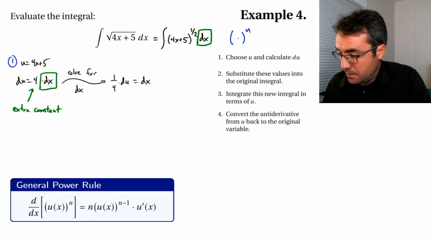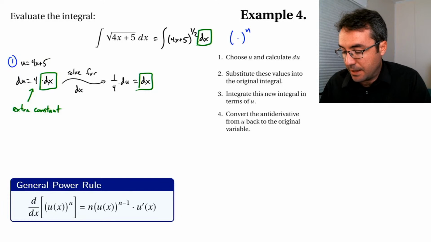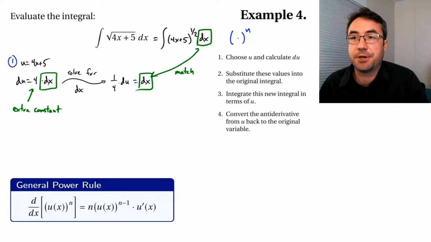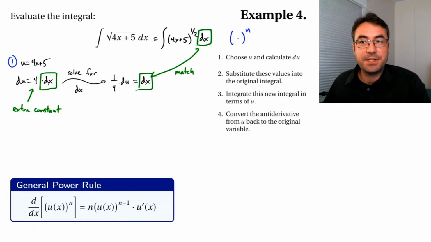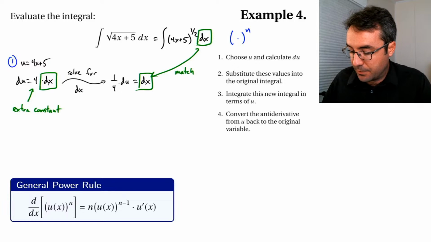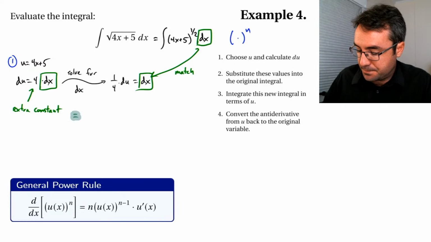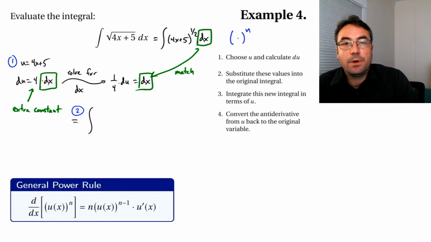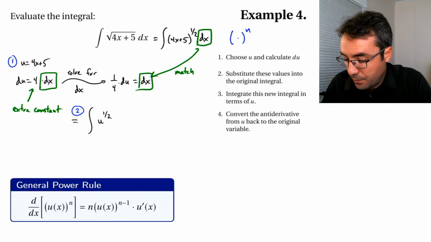And now, what I see here is I've solved for all the terms that I have, and now we have a nice match here. So when I go into step 2, where I'm going to start substituting these gadgets into my integral, well, that 4x plus 5 raised to the 1/2 power, that's going to become u to the 1/2.